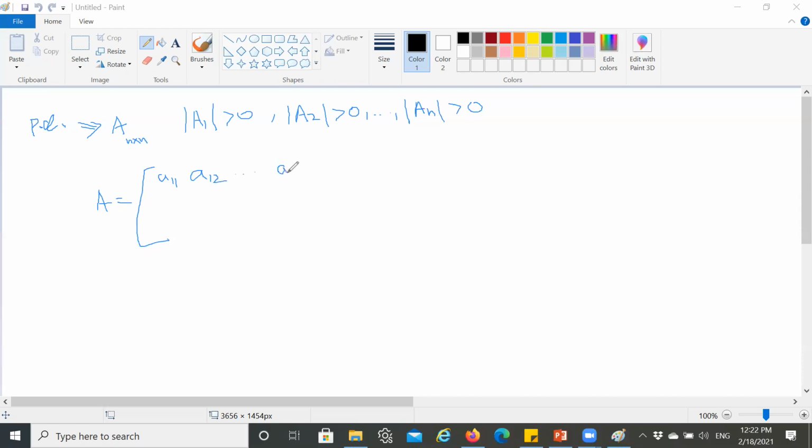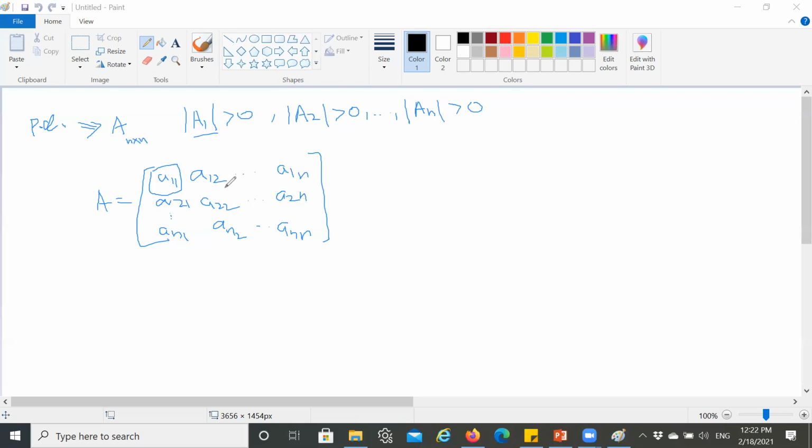We do this, and this goes to A1n, right? And this is A21, A22, and this goes till A2n. And we have this going down till AN1, AN2, and it goes to ANN, okay? So this is our matrix. So our leading principal minor determinants would be, A1 is basically the top leftmost element, the first row, first column element, okay?